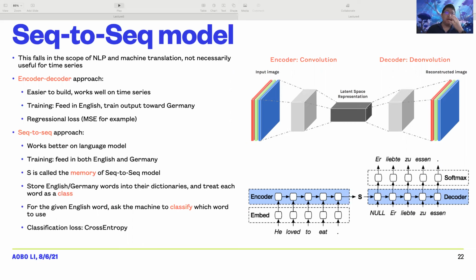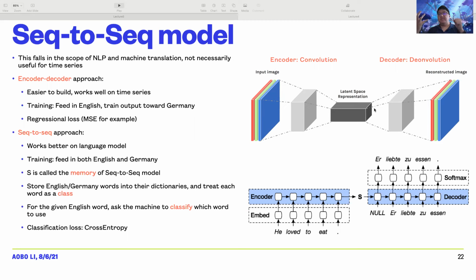First of all, we discussed this encoder-decoder approach in the convolutional neural network case, where the idea is that you use a series of CNN layers to encode your input image into a vector, which is what we call the latent space representation.